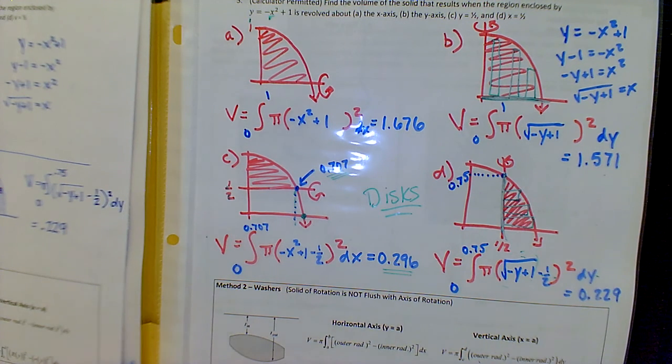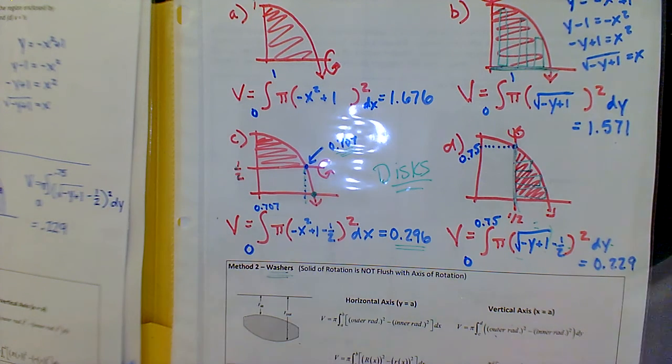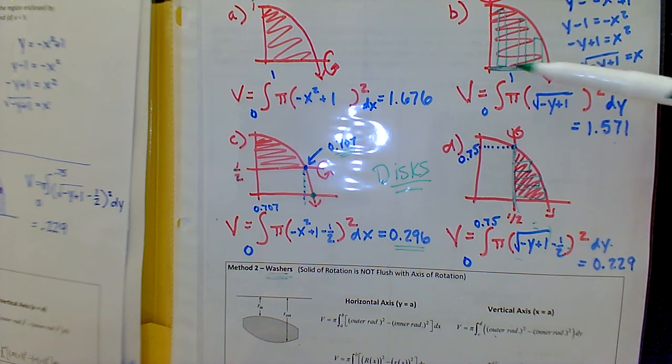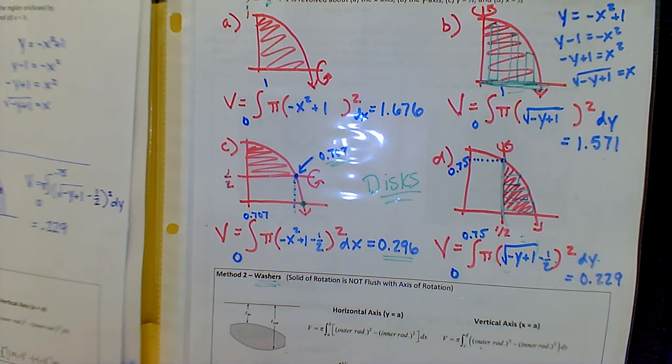Okay, it's a disk. So when you're revolving a solid area, you're going to form a solid 3D figure, a disk type shape. Tomorrow, we're going to get into washers. What if not all of those rectangles are flush? What if we have some space missing? So we'll see how those work. We doing okay? Perfect.